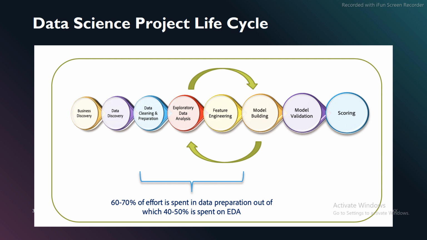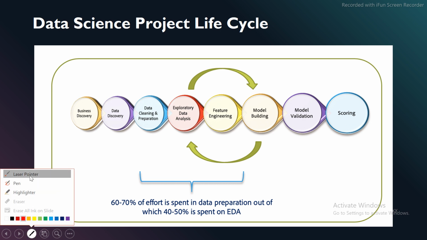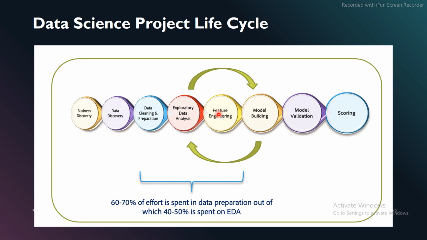And then comes the feature extraction part, feature engineering. In machine learning, you might have heard the term feature extraction. Either you can extract the features which are relevant to your analysis, or you can create a new feature. That is called feature engineering.